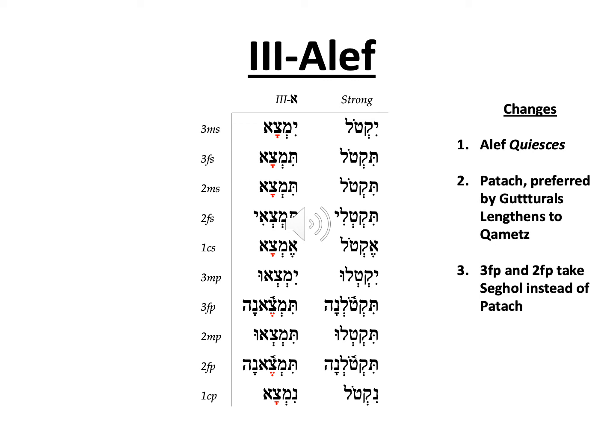However, because the aleph has quiesced and because it is a guttural that does its own thing, it becomes a long A comets. You will notice that the 3FP and the 2FP, because of the presence of na at the end of the word as the subject marker suffix, have caused the comets underneath the tzade to become a segol. This is unusual, but not that difficult to notice.